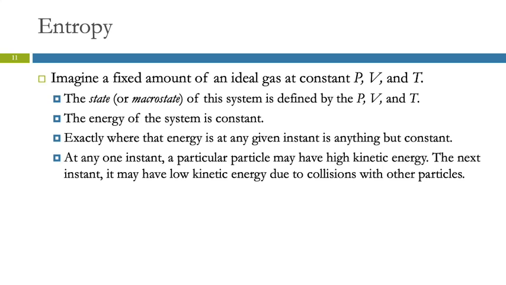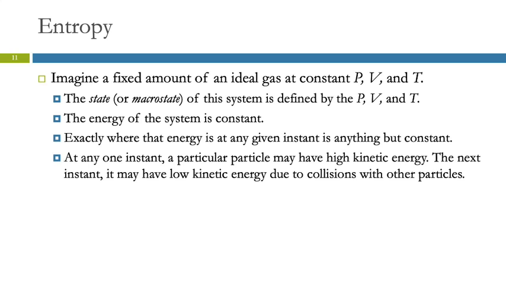Because what are those gas molecules doing? They are zinging around, traveling in straight lines till they run into something and bounce off, right? Each particle has kinetic energy. At any one instant, a particular particle could have high kinetic energy, but after a collision with somebody else, it might have low kinetic energy.